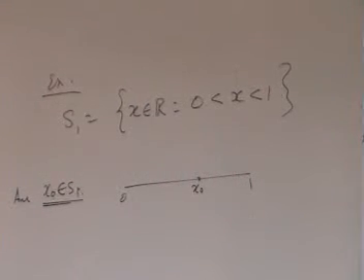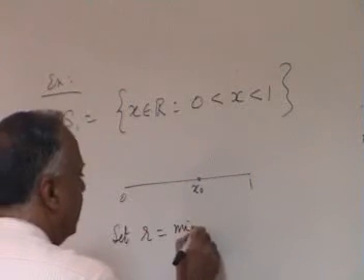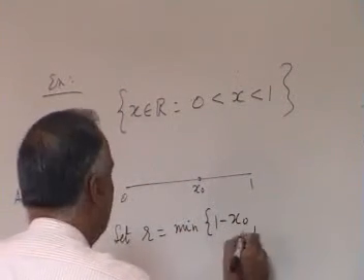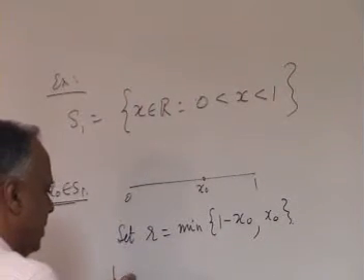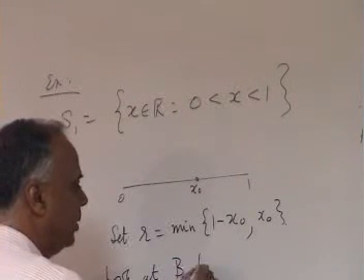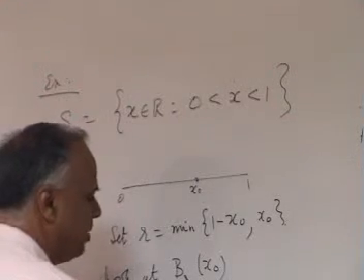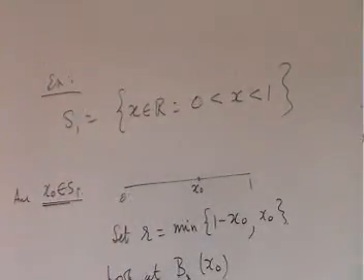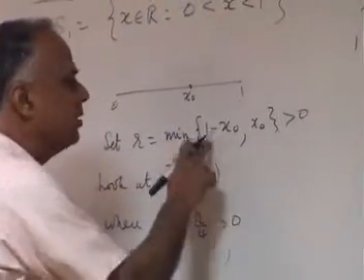So let R be equal to the minimum of 1 minus x0 and x0. Then look at the ball R1 around x0, where R1 is R by 4. Then clearly this is greater than 0.